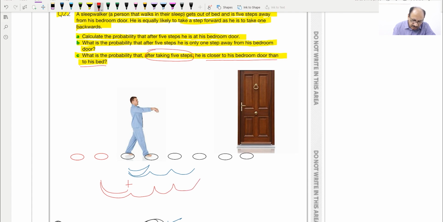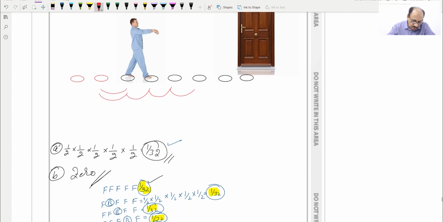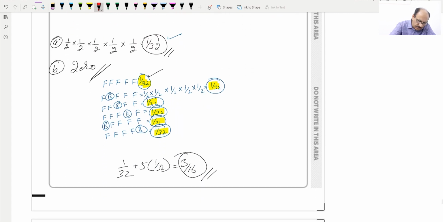So if I start from here, 1 step back, so second step 2, 3, 4 and 5. So this will be 1 step we have taken.